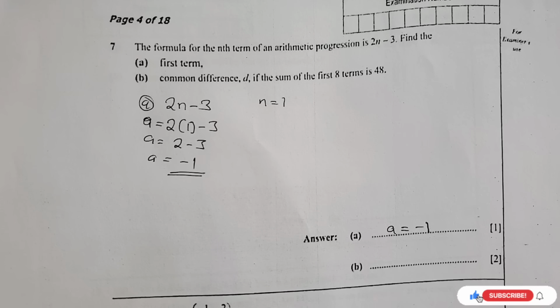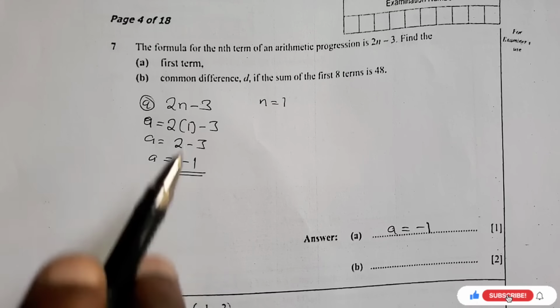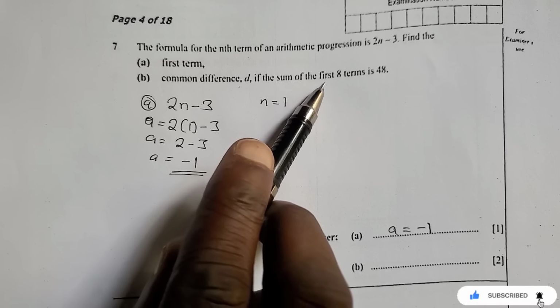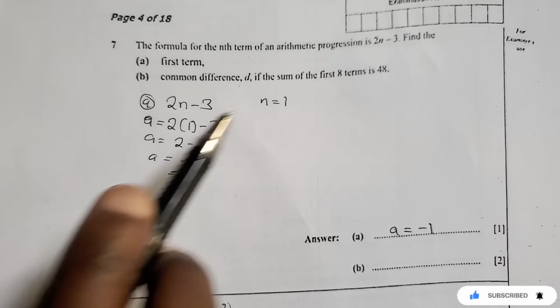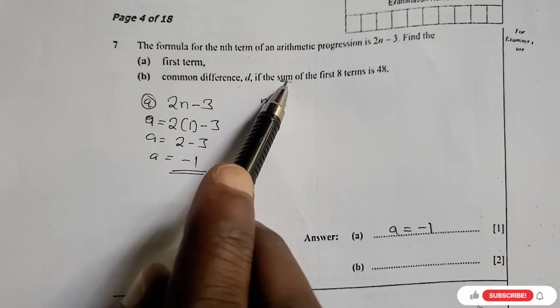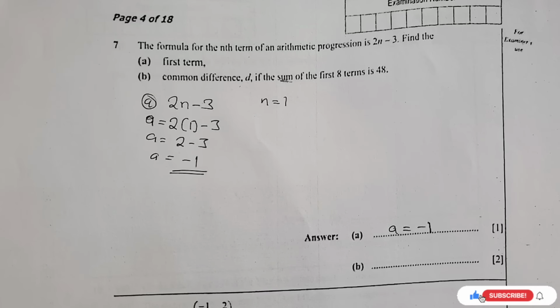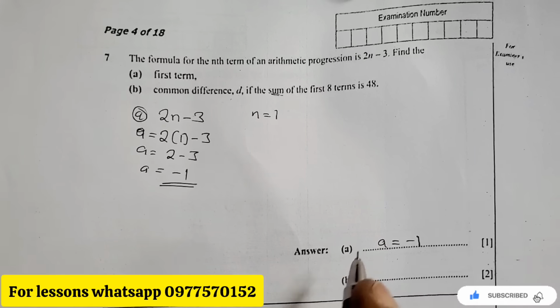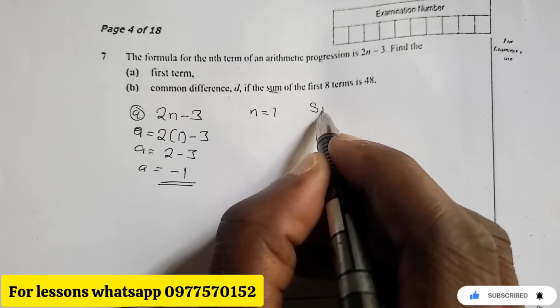Then what's the next question? Question B saying, find the common difference if the sum of the first 8 terms is 48. Okay, so here we're given the sum. So we're going to use the formula for sum.